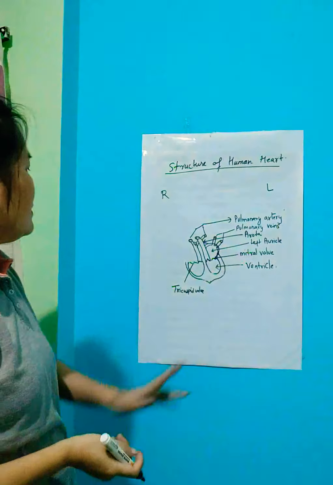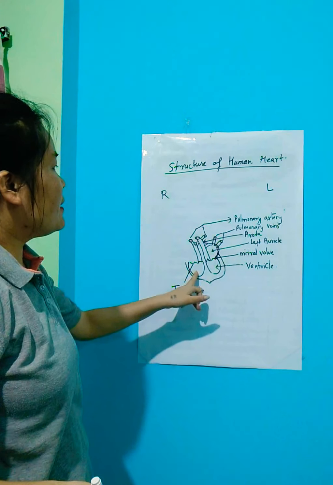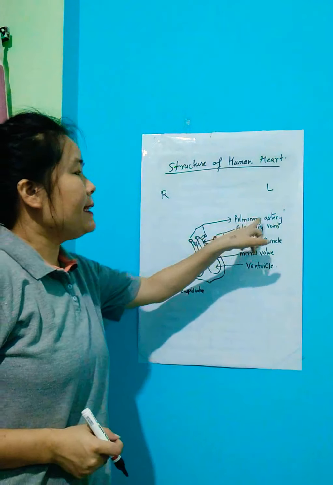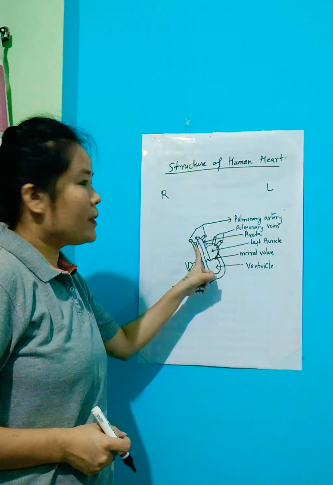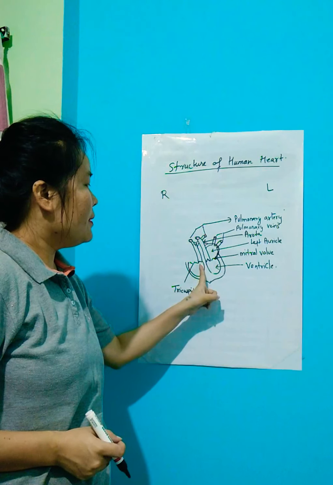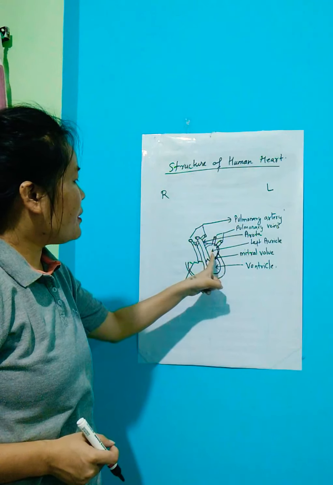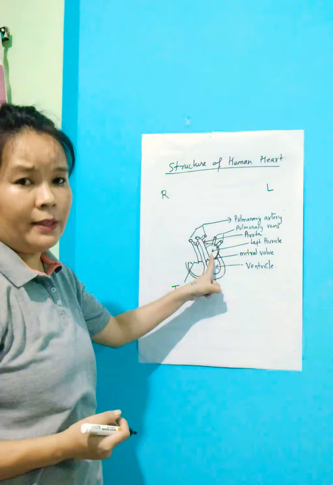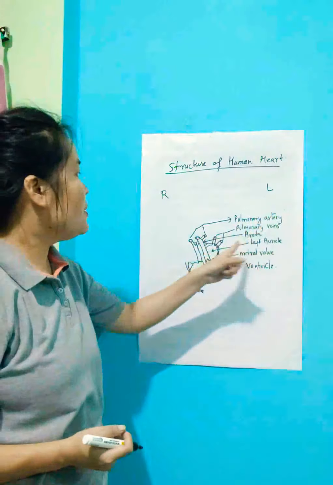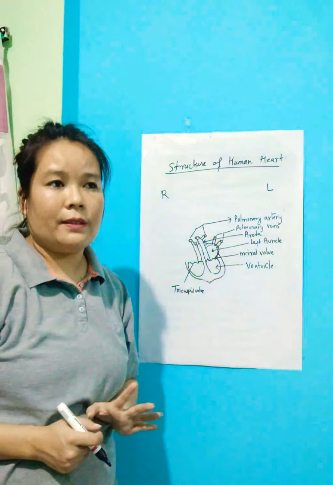Make it clear, students: the left auricle receives the blood from the lungs through the pulmonary veins.